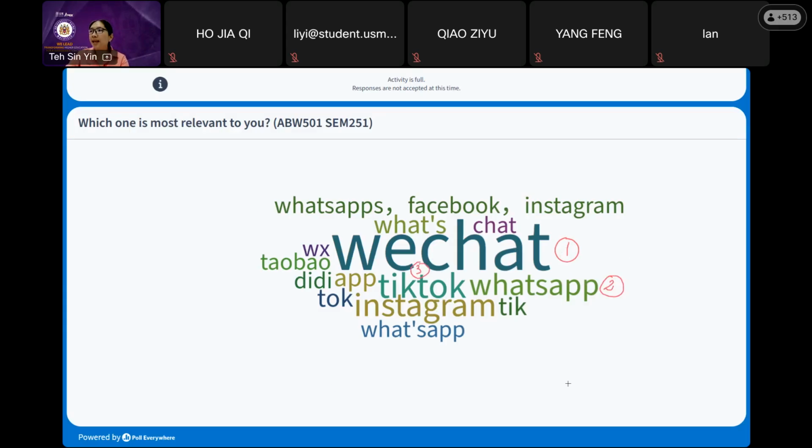From the data that I collected from you, remember just now we need data, I gain some insight. What is the insight that I gain? The top 3 apps most frequently used by you all are WeChat, WhatsApp, TikTok, and probably Instagram.